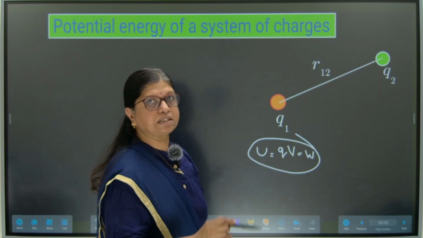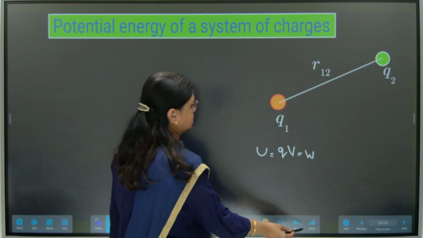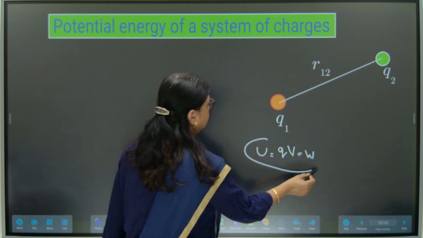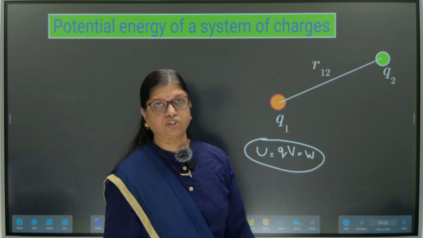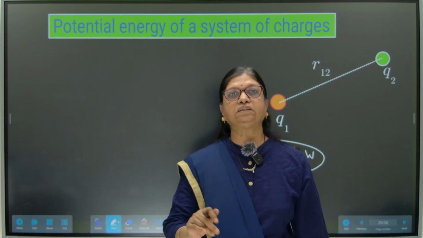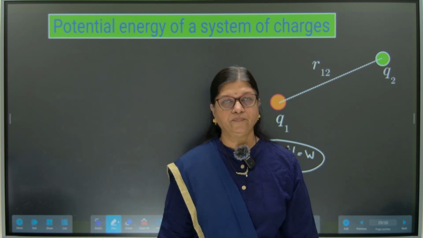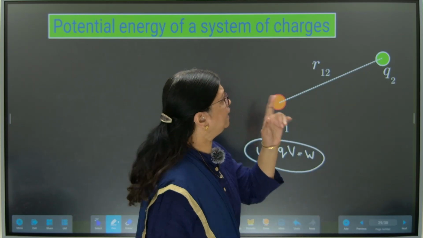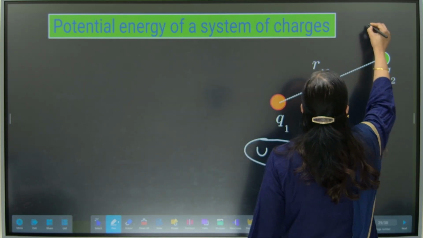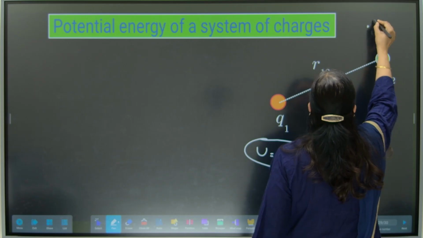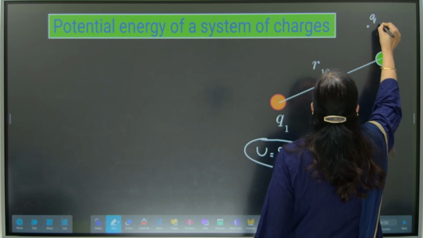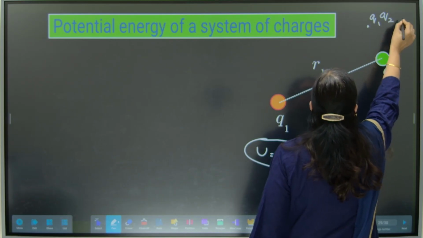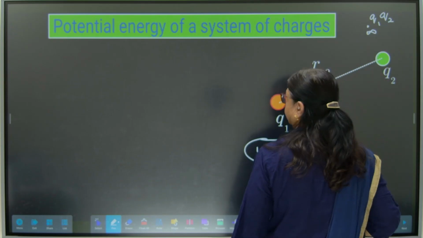This much you remember, because our full concept today depends on this: the work done in bringing the charges is the potential energy stored, which is equal to QV. Now let me consider two charges, say Q1 and Q2, placed at infinity.